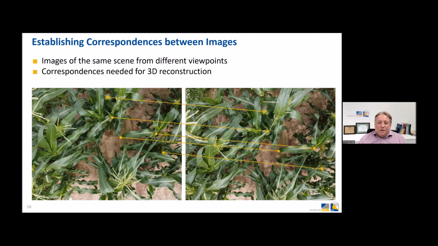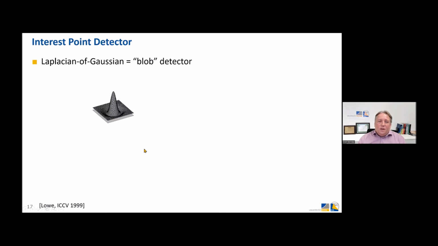If we manage to do that, then we can possibly recover the 3D structure of this scene. But for that, we need to find distinct points which can be matched to other images. And in order to do that, we need so-called interest point detectors.